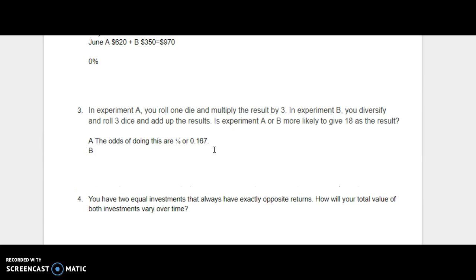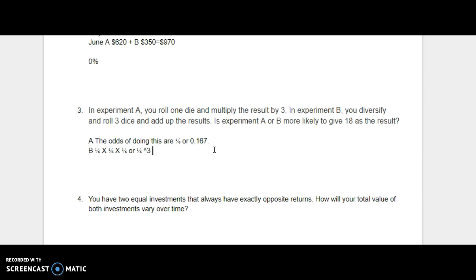Let's take a look at experiment B. To get an 18 in experiment B, you must roll 3 consecutive 6s. So the odds of doing this are going to be 1/6 multiplied by 1/6 multiplied by 1/6, or 1/6 to the 3rd power.